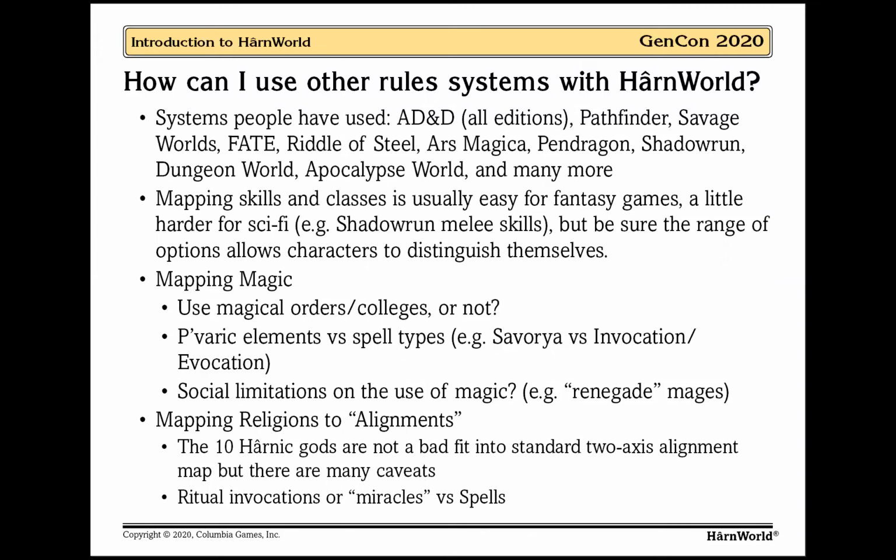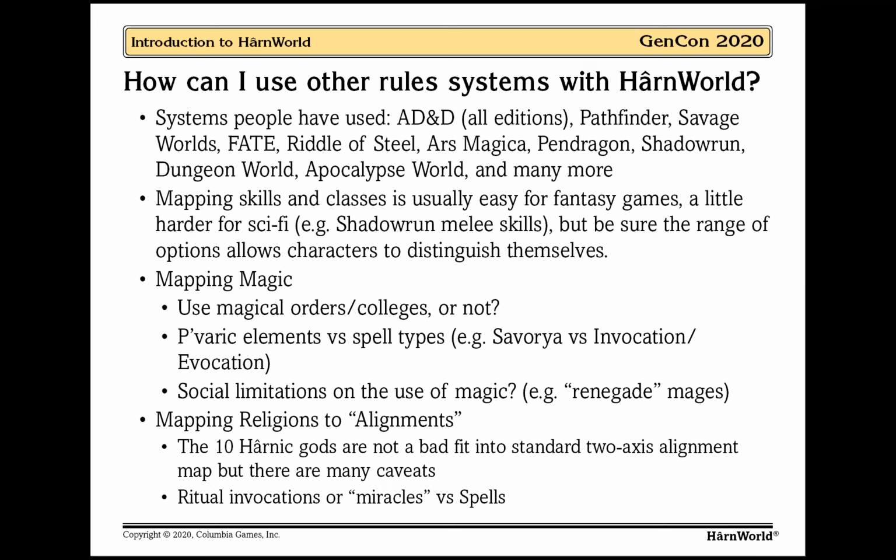And that was back in the mid to late 80s, I think. Since then, I've run games using third edition Shadowrun. Most recently, I've been using a variation on Apocalypse World. It really is a system agnostic setting, which I think is really neat.